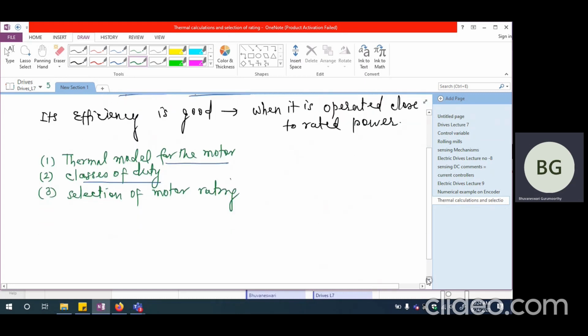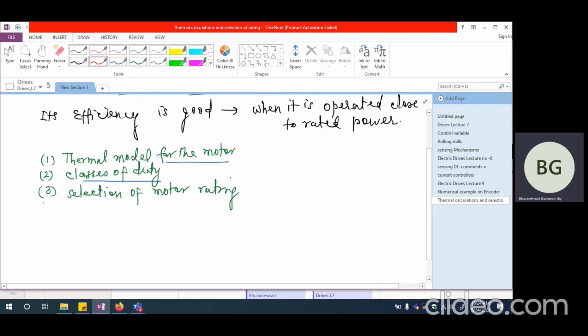And if you look at generally any electrical machine, the major two losses that we talk about are constant losses and copper losses. And copper losses are going to be normally variable losses. These are generally I square R losses. And constant losses could be in the form of core losses or magnetic losses, assuming that the machine is going to operate at a particular flux.